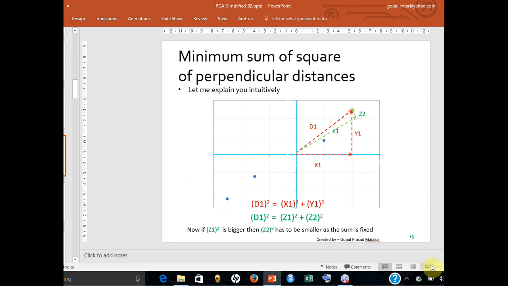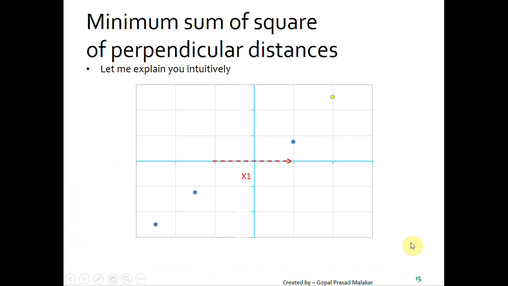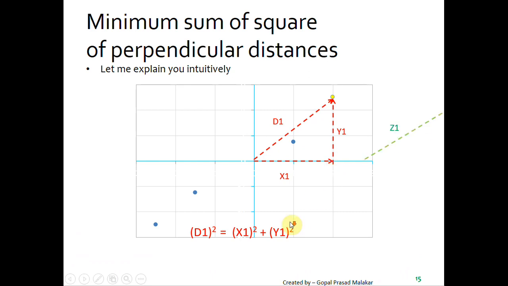If you look here, the distance of this particular point from the center represents the total variance. This is the variance in the first dimension, the x-axis, and this is the variance in the y dimension, the y-axis. Then we got Z1 and Z2 squared, where Z1 is the variance in the direction of the first principal component and Z2 in the direction of the second principal component.